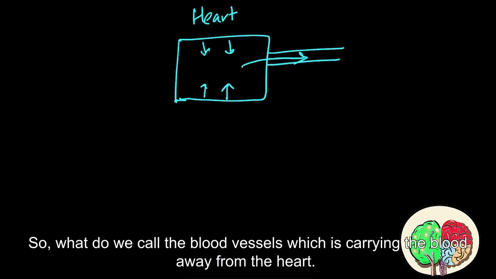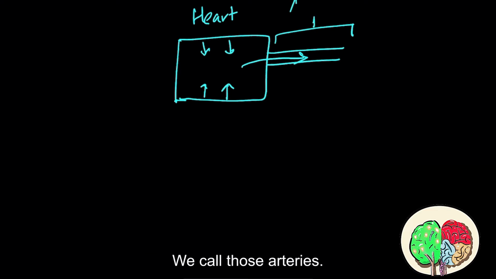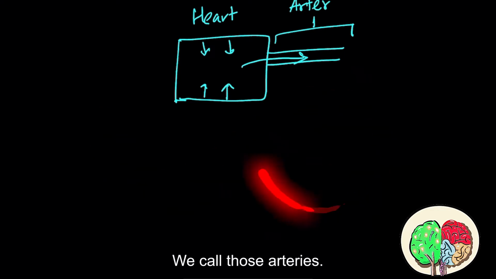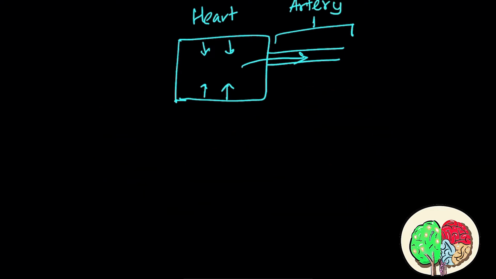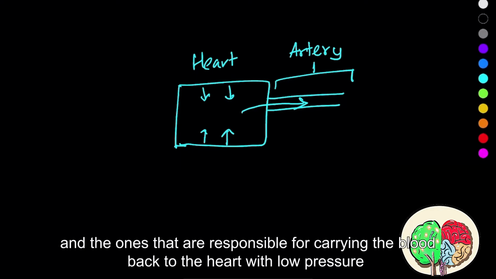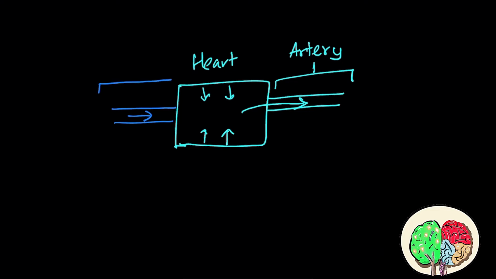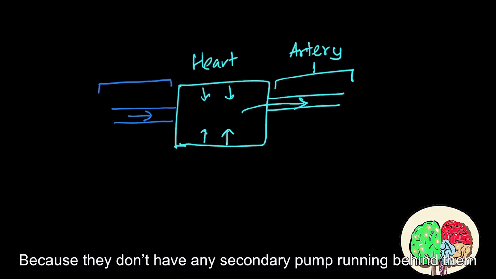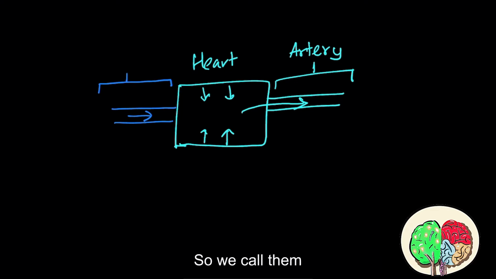So what do we call the blood vessels which are carrying the blood away from the heart? We call those arteries. Artery, yep. And the ones that are responsible for carrying the blood back to the heart with low pressure, because they don't have any secondary pump running behind them, we call them veins.